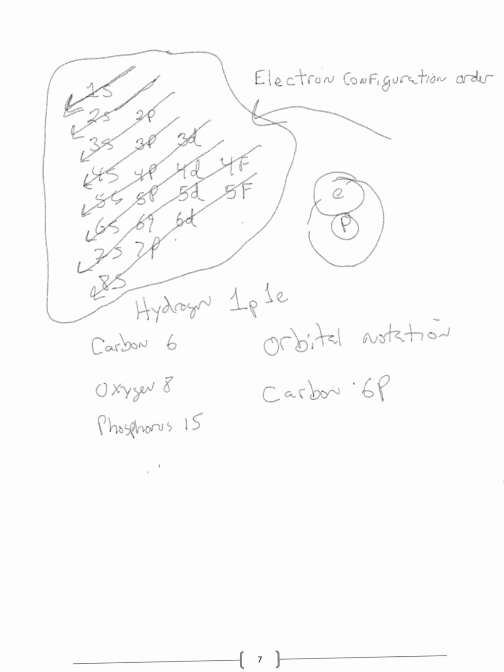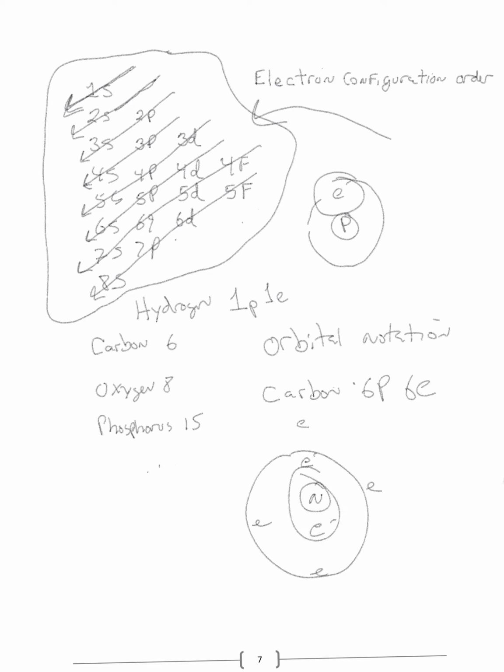If it's neutral, it's going to have 6 electrons. I'm going to put a little N here to represent the nucleus of it, right? And we have 2 electrons in its first energy level. And then it's going to have 1, 2, 3, 4, and the next one.